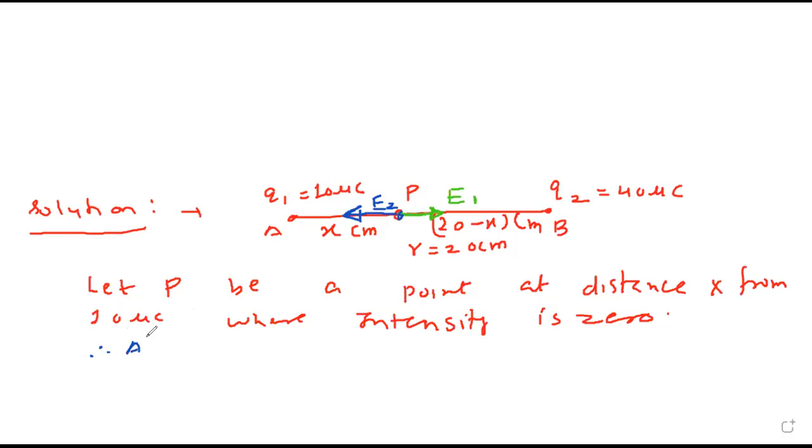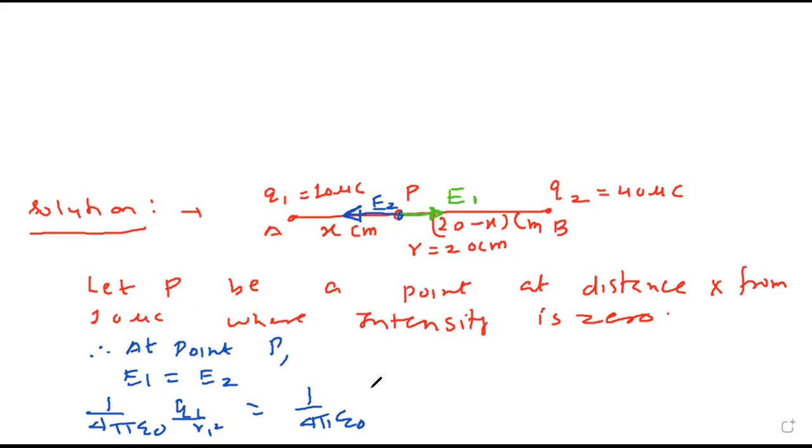So now I can say, therefore, at point P, E1 should be equal to E2 to give me resultant 0. That means 1 upon 4 pi epsilon naught Q1 upon R1 square is equal to 1 upon 4 pi epsilon naught Q2 upon R2 square. 1 upon 4 pi epsilon naught you can cancel.